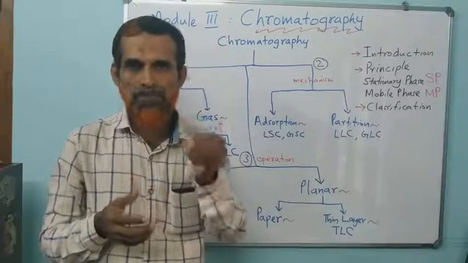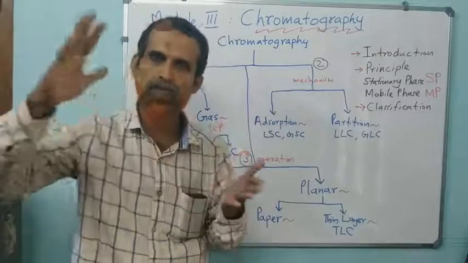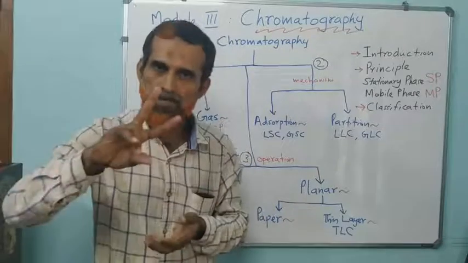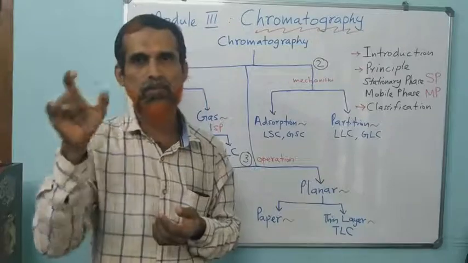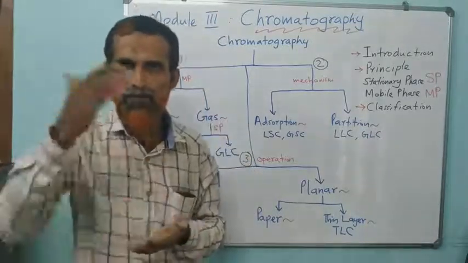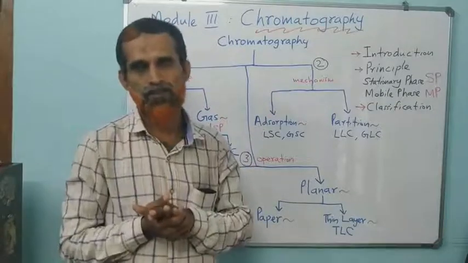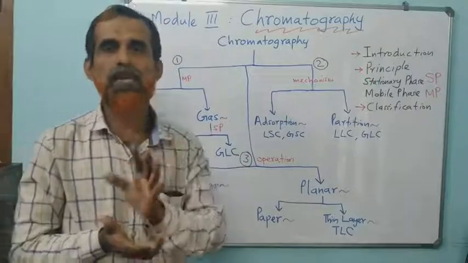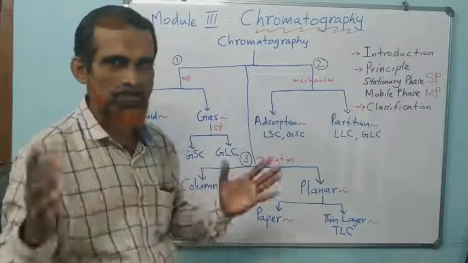So components in a mixture get distributed, get separated between two immiscible phases. Remember, stationary phase and mobile phase are immiscible. So the components get distributed. So it is the differential distribution of components over two phases or between two phases.